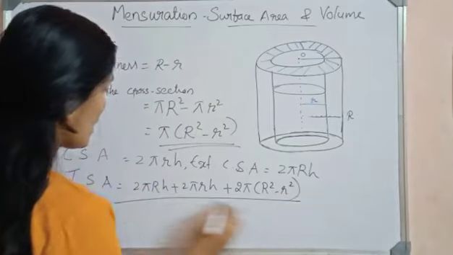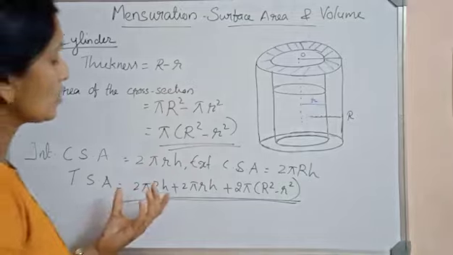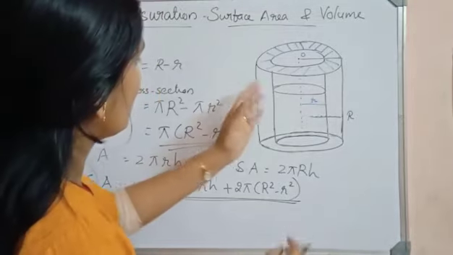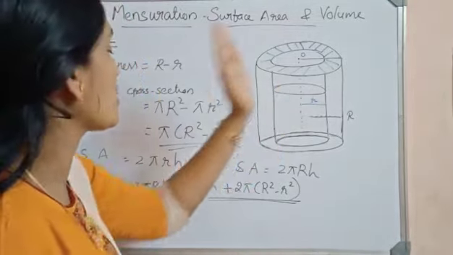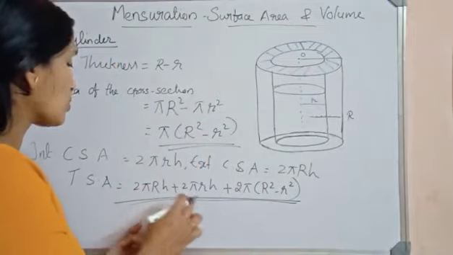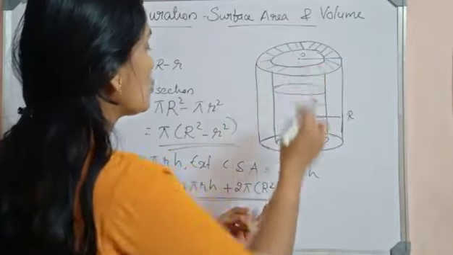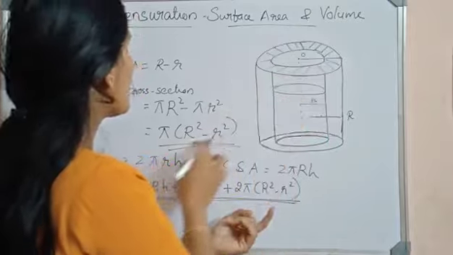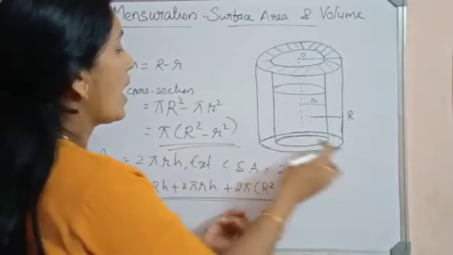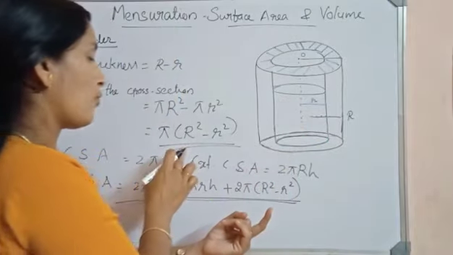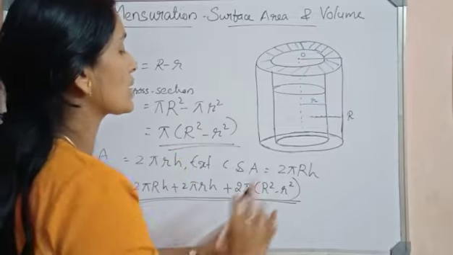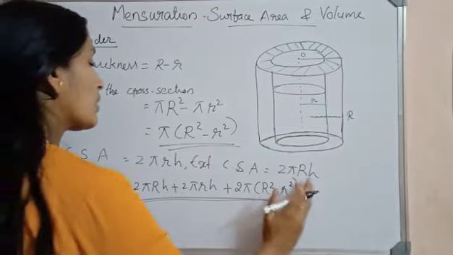So this is the total surface area. Here we have the internal curved surface area and the external curved surface area, and we have to add those two, then plus the area of the two cross sections. For the upper side it is pi into R square minus r square, and even for the lower base the same formula applies. Therefore 2 pi into R square minus r square.